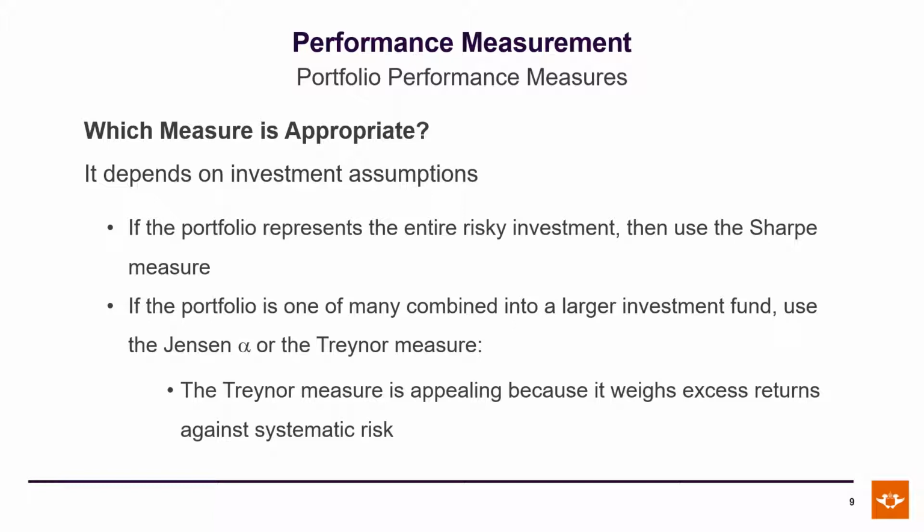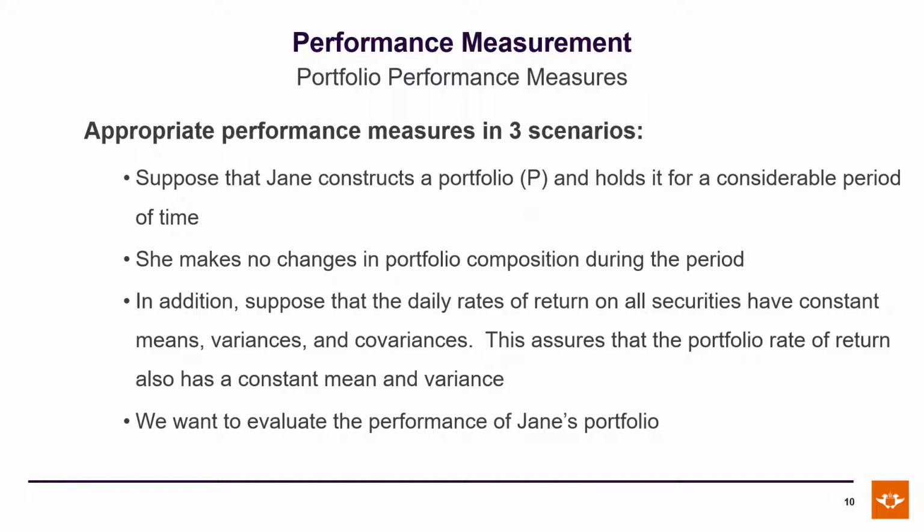If the portfolio is one of many combined into a larger investment fund, then either Jensen's alpha or the Treynor measure become appropriate. And the Treynor measure is appealing because it weighs excess returns against systematic risk. So when you're looking at a portfolio in which you can diversify away risk, then the Treynor measure is more appealing. So now we're going to look at which performance measure is appropriate in 3 scenarios.